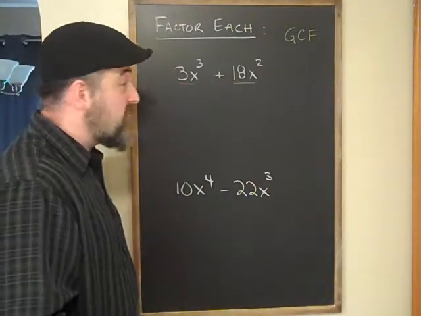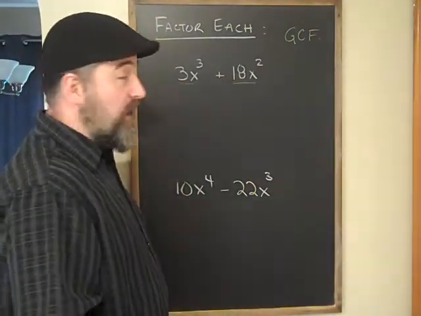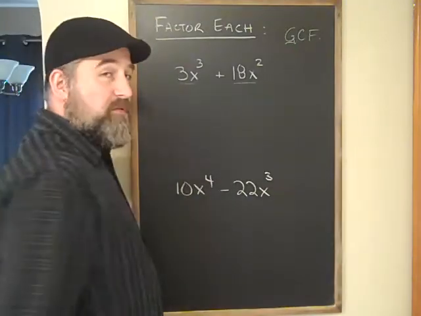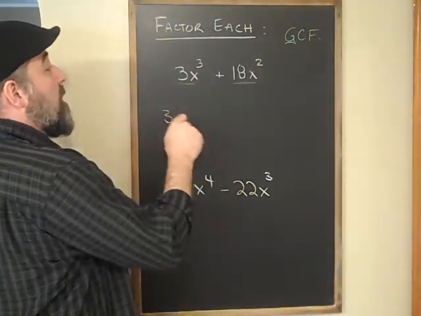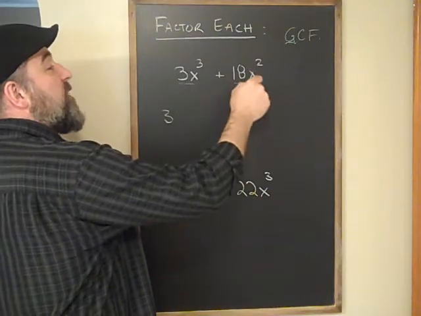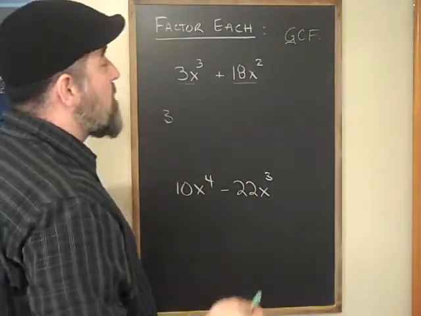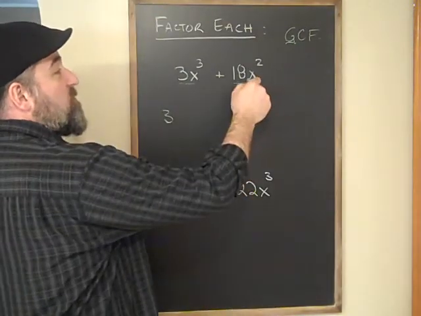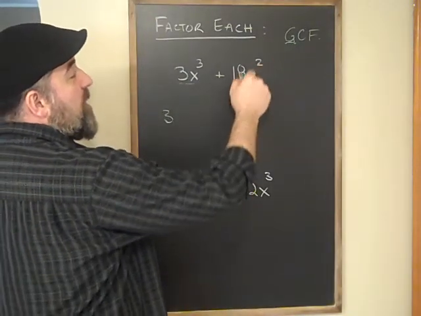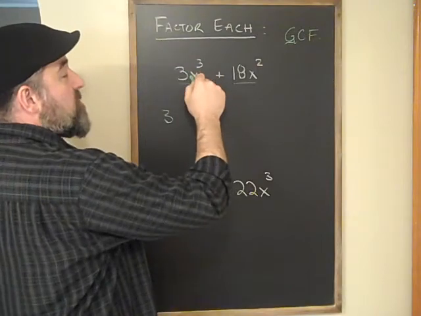The answer is yes, 1 and 3. We take the greatest of those, which is 3, and then we find the greatest factor between x squared and x cubed. The greatest factor between them is going to be x squared, because you can divide an x squared out of this, and you can divide an x squared out of this.